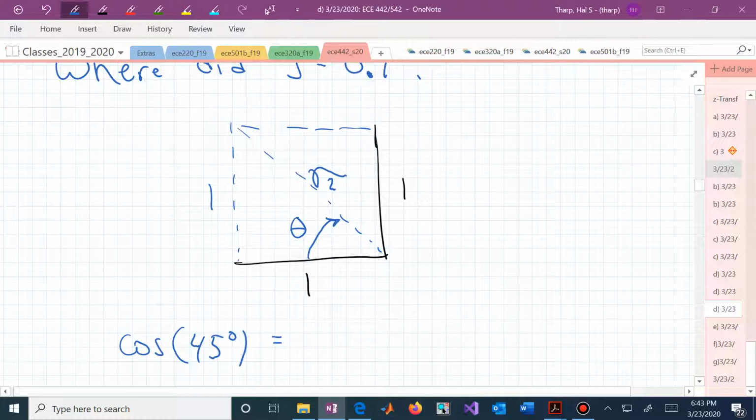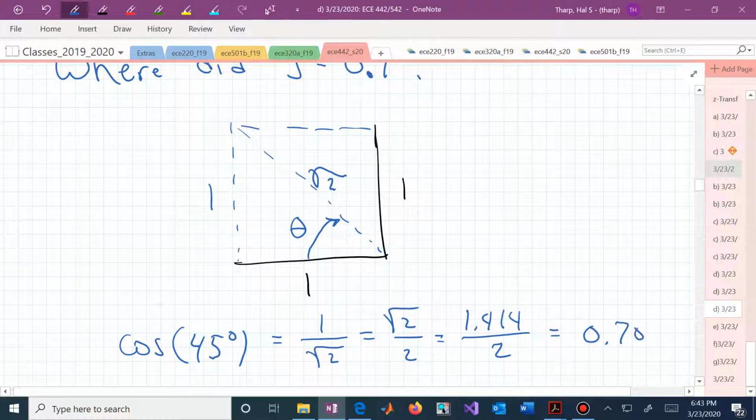This is splitting into equal real and vertical components. The cosine is adjacent over hypotenuse, so this is the square root of 2 over 2, or 0.707.